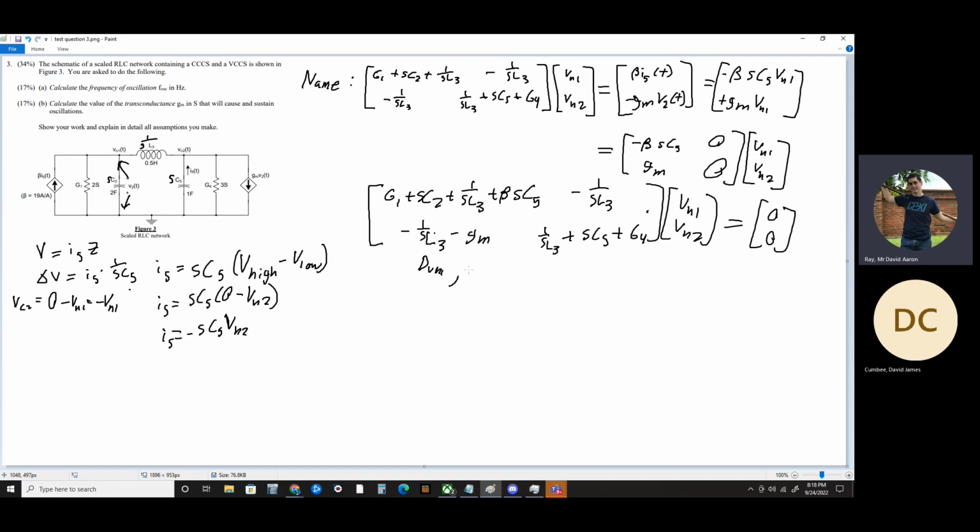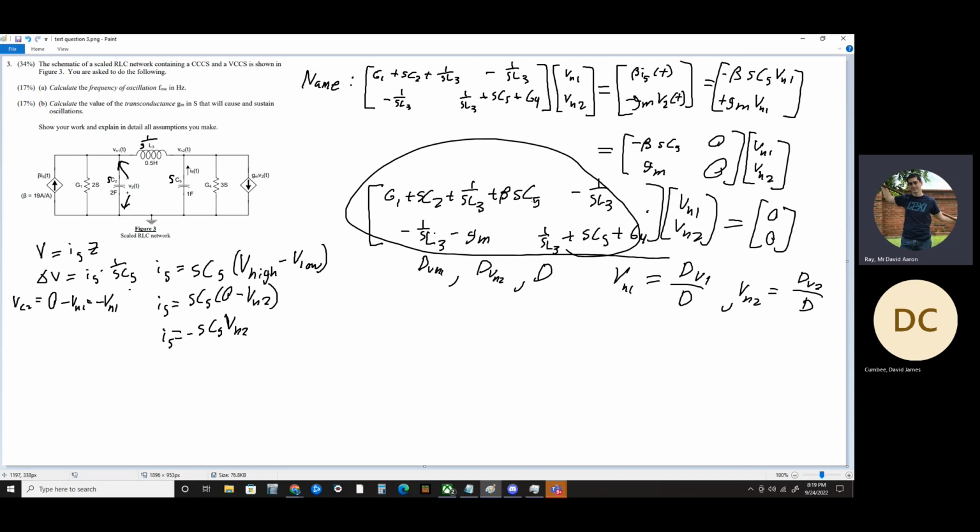We're going to solve for dVN1, dVN2, and then find the determinant d. Then VN1 equals dV1 over d, and VN2 is going to equal dV2 over d. Since there's nothing in the numerator, the determinant is going to be the only thing that matters here. So we're just going to take the determinant of this whole matrix right here.